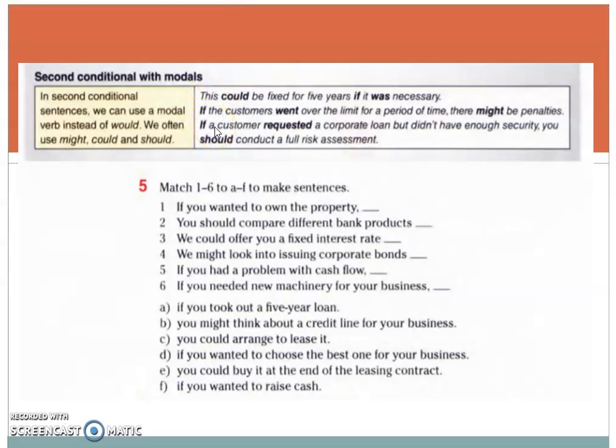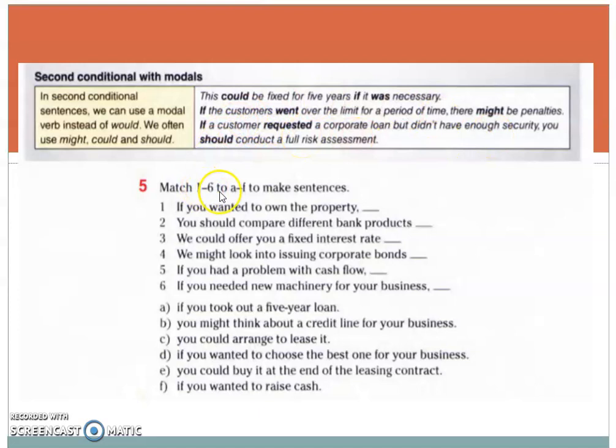Another, if a customer requested a corporate loan but didn't have enough security, you should conduct a full risk assessment. So again, this is the if conditional, this is the past simple form of the verb, and this is the modal. Okay. So this is how we use second conditional with modals.